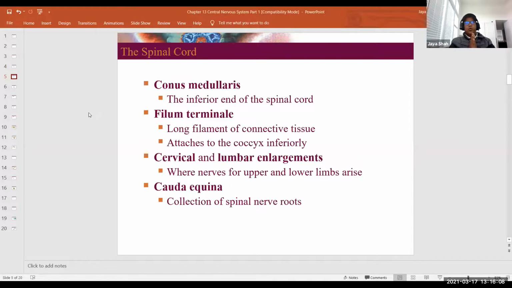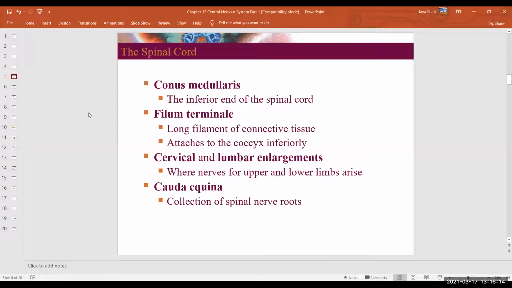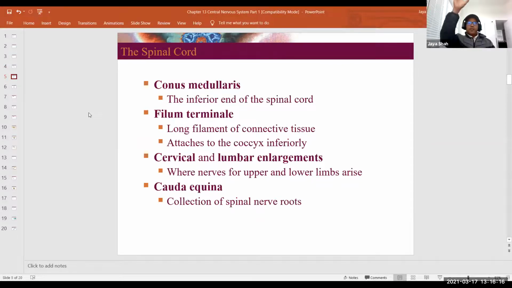Okay, now the spinal cord has several regions, and we need to know that. There is naming of the spinal cord. The spinal cord and spinal nerve regions are named after the vertebrae. And what are the vertebrae in different regions? Let me ask somebody again.